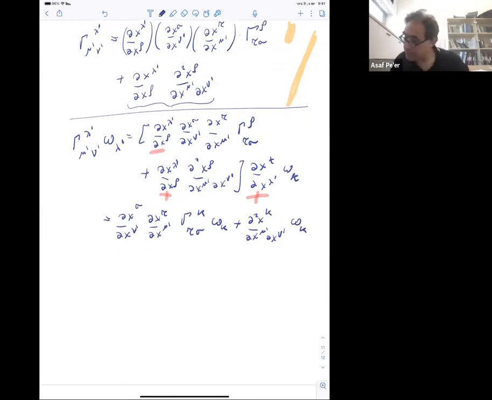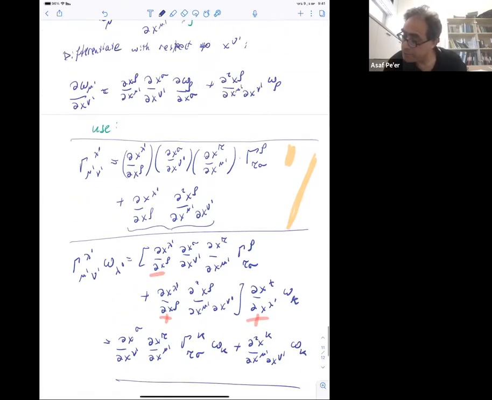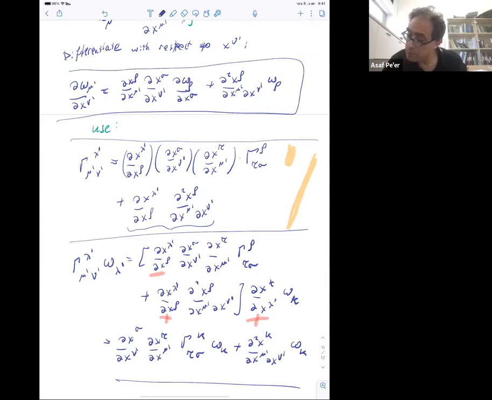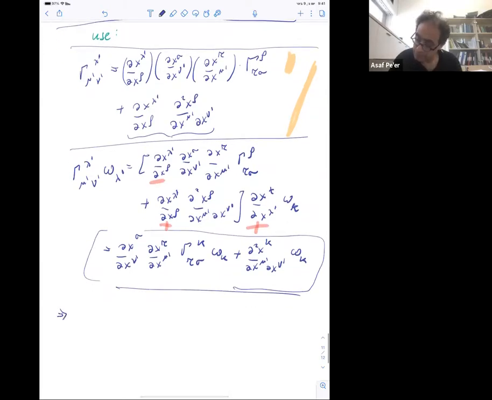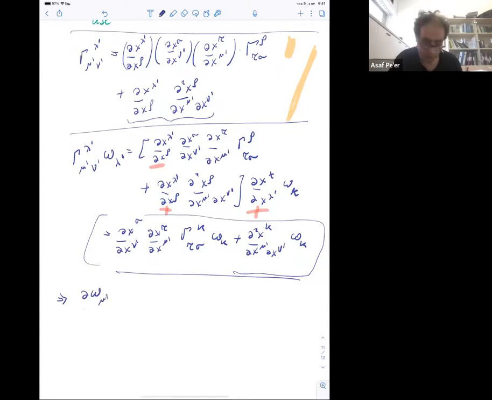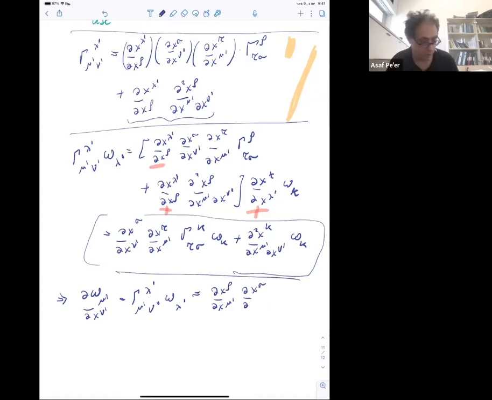Okay, again, I have that equation and I have that equation, so I just need now to subtract them. And so d omega mu prime over dx nu prime minus gamma lambda prime nu prime omega lambda prime is just dx rho over dx mu prime, dx sigma over dx nu prime.